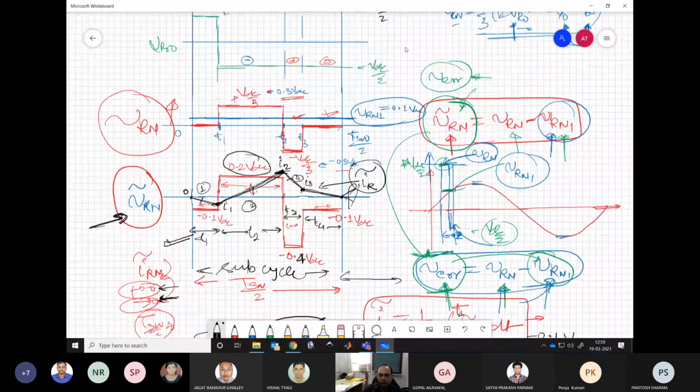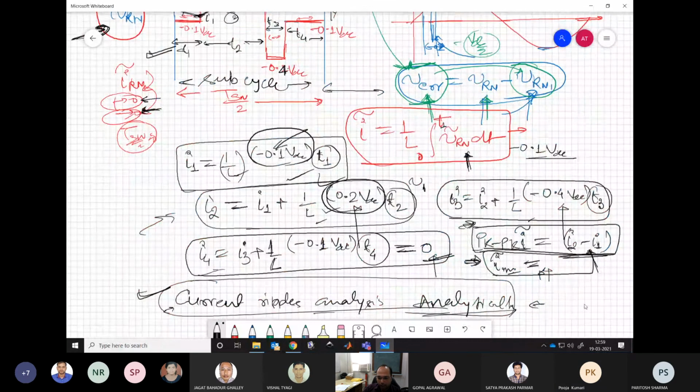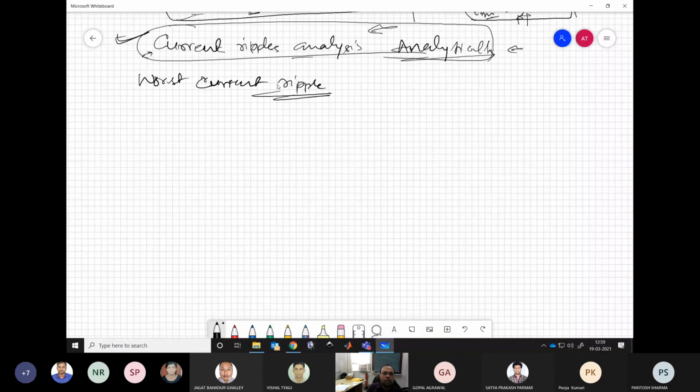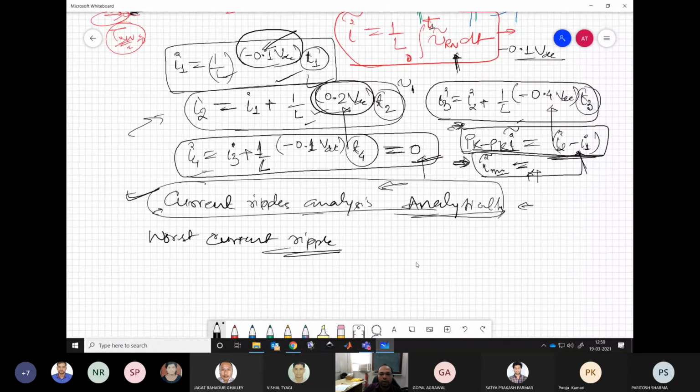Now the question comes, if we can get the current ripple at any point of our fundamental current waveform, then can we guess the point where we have the worst current ripple? See, this is dependent on your VRN1, right?